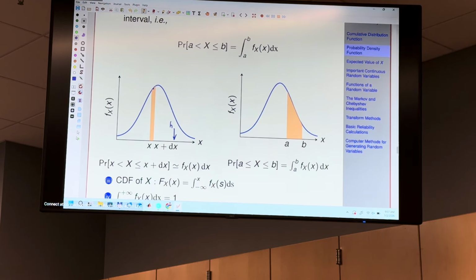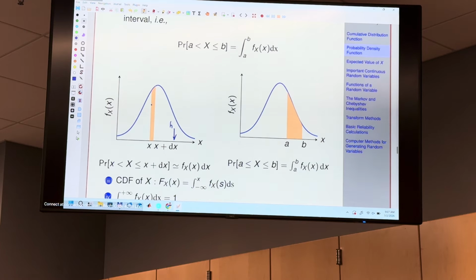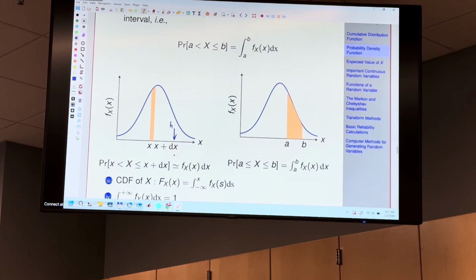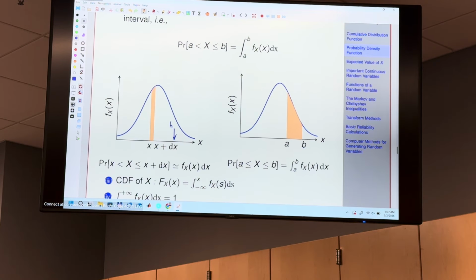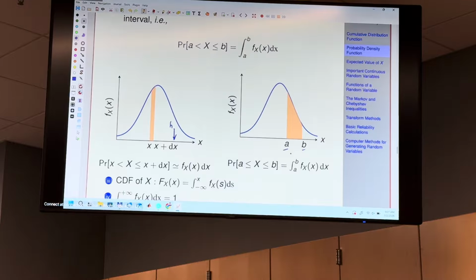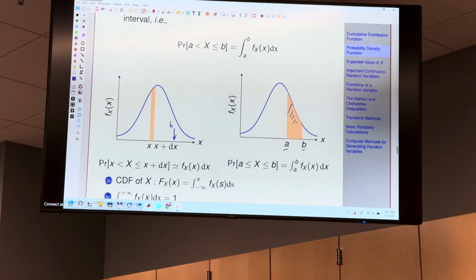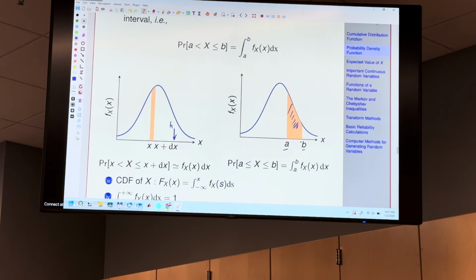If instead of x and x plus h, you define two limits a and b, the lower limit and the upper limit, then this area is the probability of having the random variable in this interval.